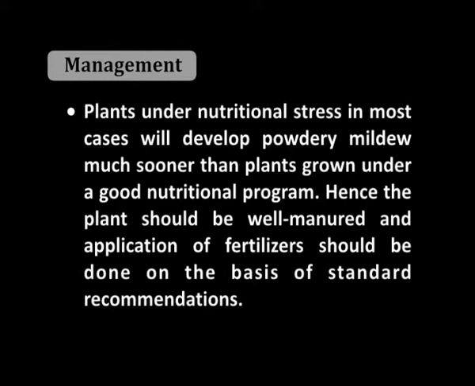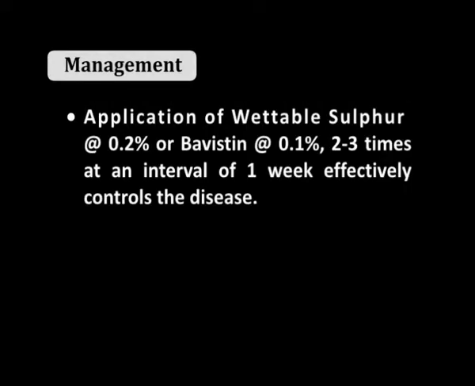Hence, the plants should be well manured and application of fertilizers should be done on the basis of standard recommendation. Application of wettable sulfur at the rate 0.2% or Babistin at the rate 0.1% 2 to 3 times at an interval of 1 week effectively control the disease.